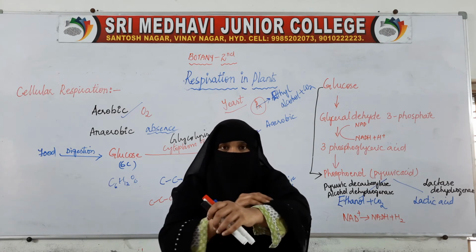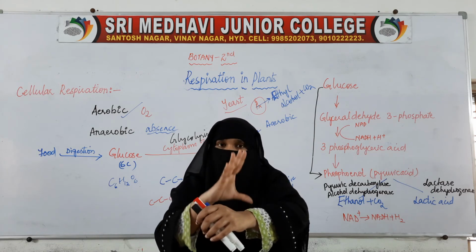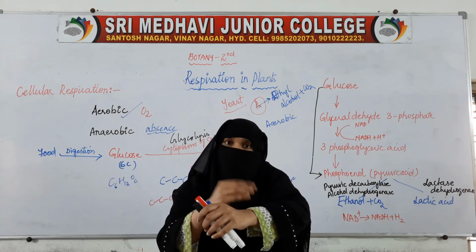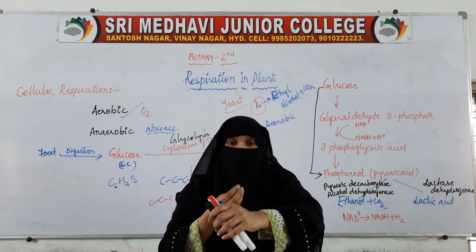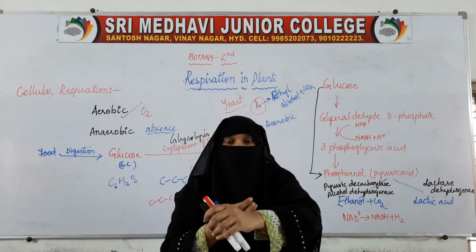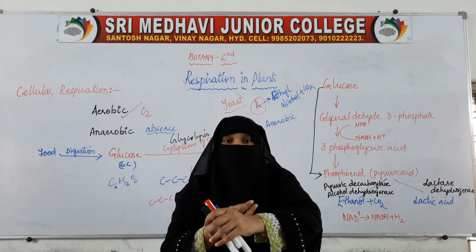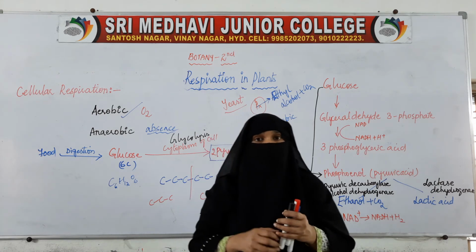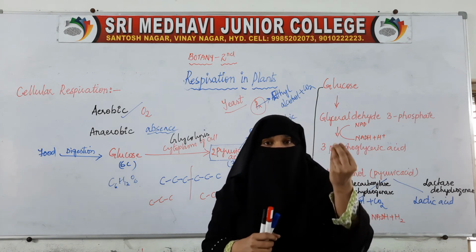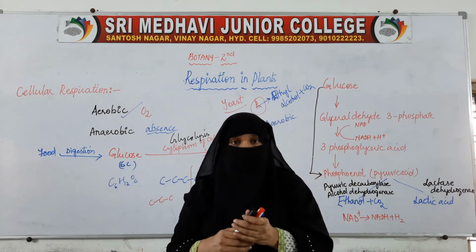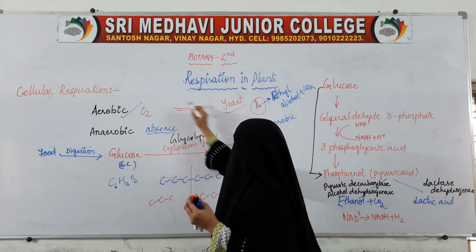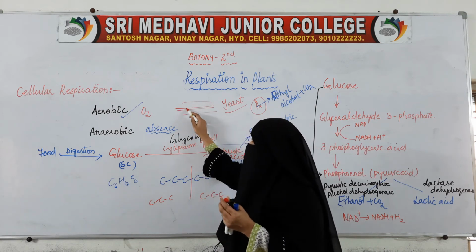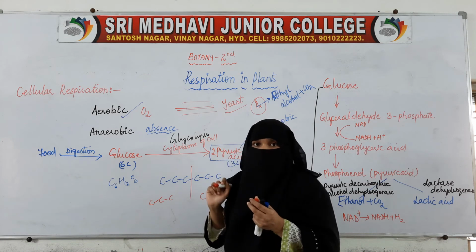The oxygen moves inside, and the inside cells utilize it because energy is being used, so more energy is required by our body. If this is the bone, this is the muscles of the hand.